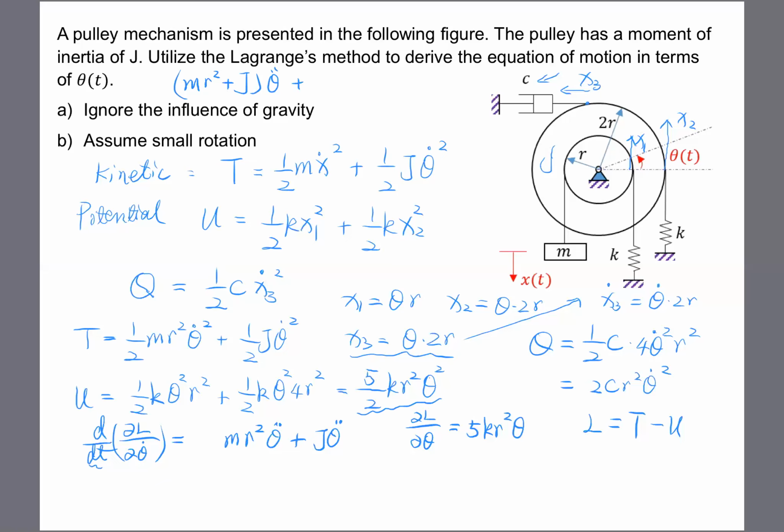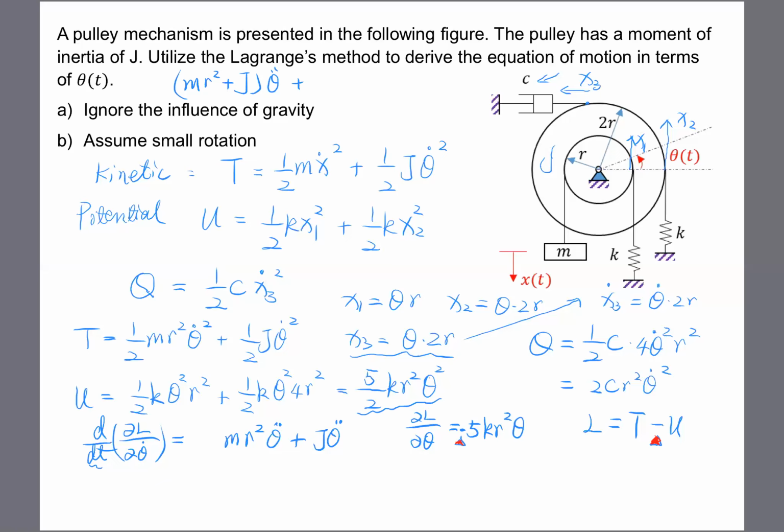oh, I think here we need to add a minus sign because you have a minus here. That's something we need to pay attention to. The sign is the place you usually make mistakes.